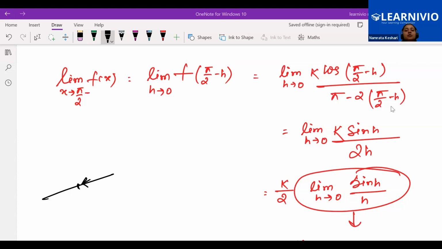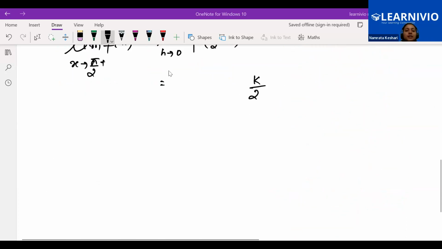And in the denominator also you will be having pi by 2 plus h. Due to that, you will end up getting minus 2h in the denominator, right? Yes. And hence we will be able to apply the same limit concept, that is limit x tends to 0 of sin x by x is 1, and we'll be getting k by 2.